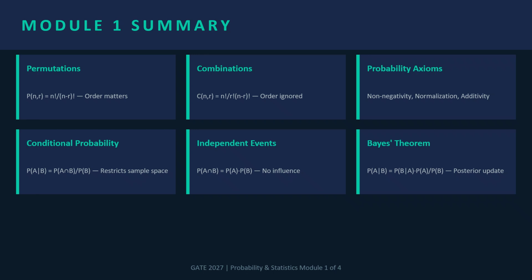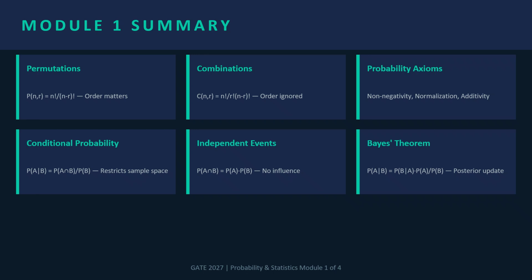In case of probability axioms, we have seen non-negativity. That is, probability of any event will be non-negative. It can be 0 or a positive value. And in case of normalization, the probability of the sample space will be equal to 1. That is, probability of the set with all possible events will be equal to 1.